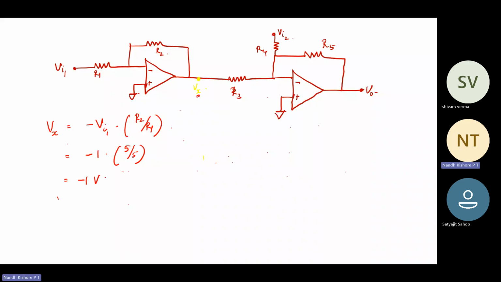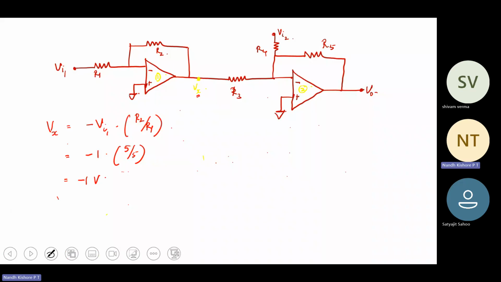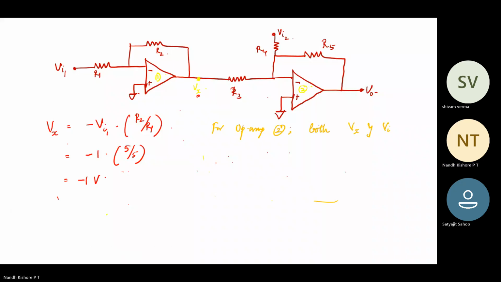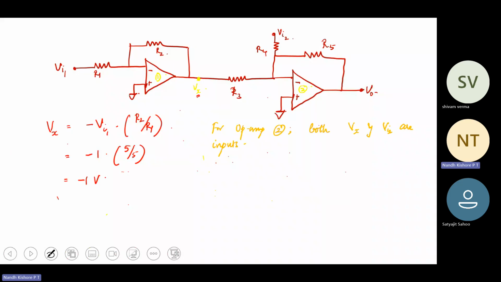Now you see that there are two inputs to the next op amp. For op amp 2, both Vx and Vi2 are inputs. Based on the theorems that you have studied earlier, what is the theorem that we should use over here? I have two inputs.